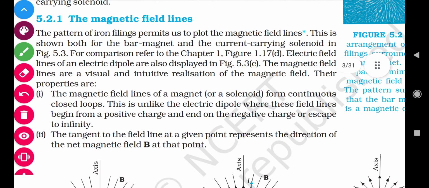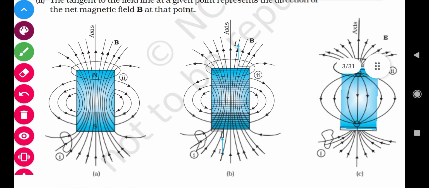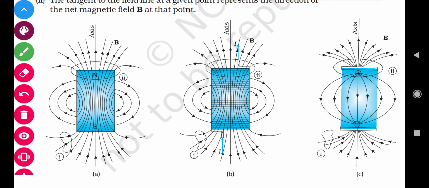This is shown both for the bar magnet and the current carrying coil in the figure. For the complete electric case, refer to chapter 1, where the electric field lines of an electric dipole are also displayed. You can see there are three diagrams. The first diagram is of a bar magnet, the second is of a solenoid, and the third is of an electric dipole, showing electric field lines.